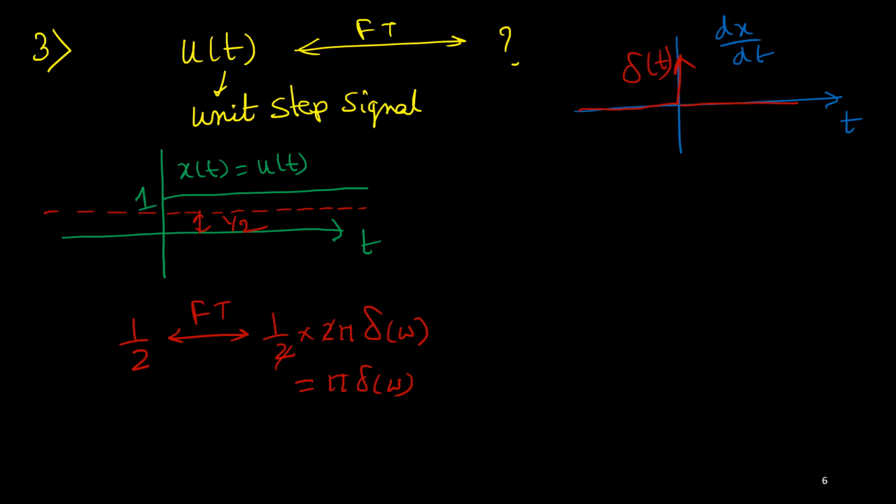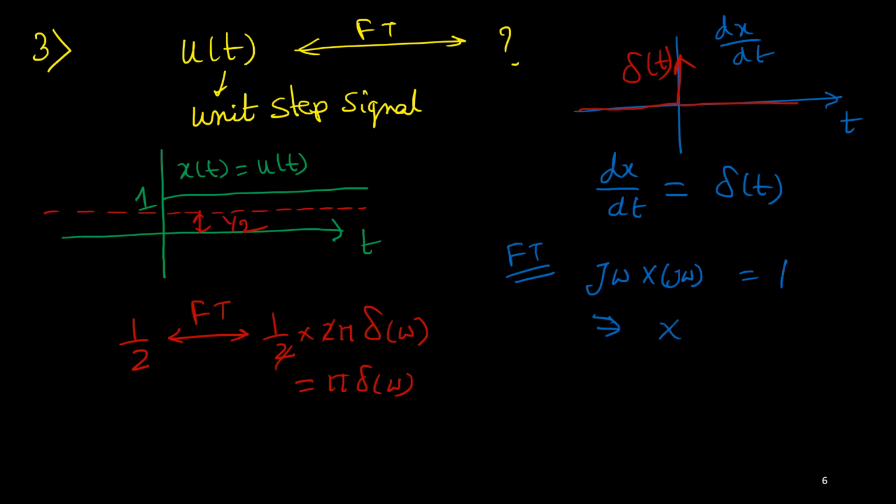That is a change. Okay, so what I can do, we can write that this dx/dt is simply delta t. That implies, taking Fourier transform, this is j omega X of j omega equals the right side. The Fourier transform of delta t is 1.